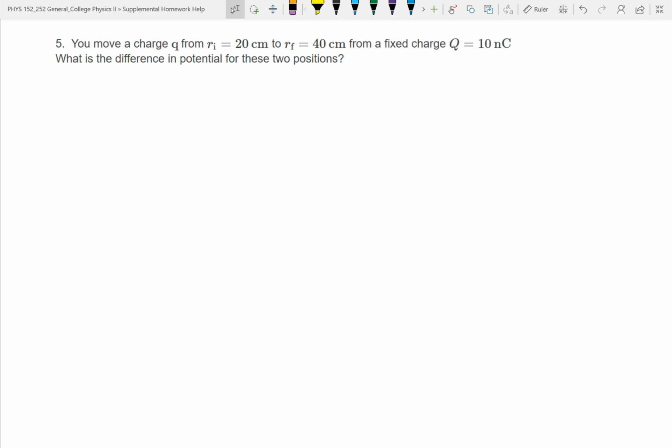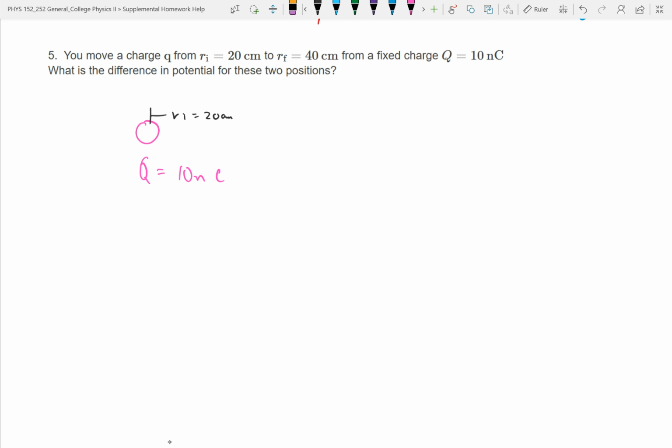So here's plus, or here's big Q. And we start with R1 at 20 centimeters from Q, and we go to the final position.